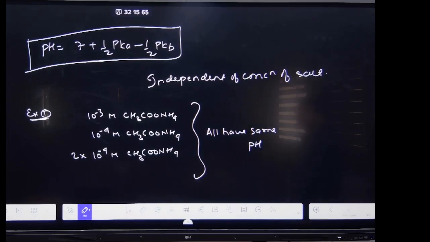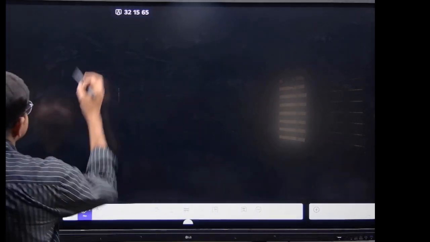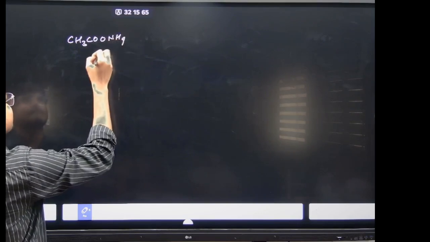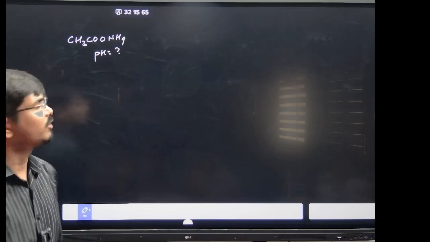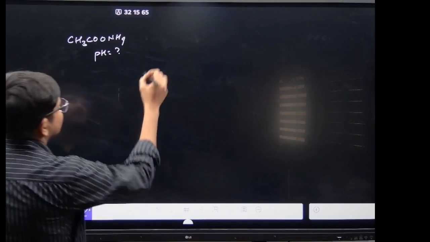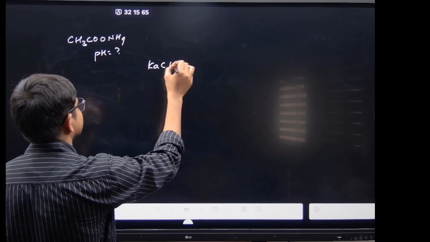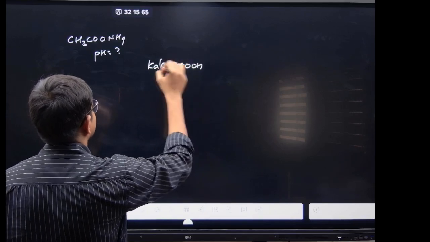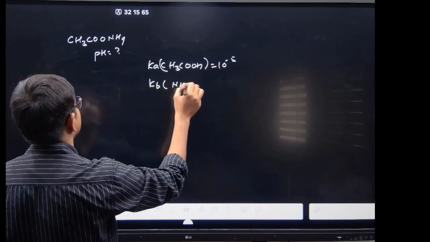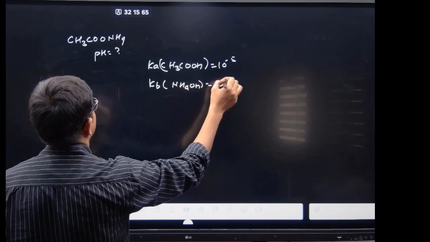Understood? One more question, see here. You have to find out the pH for the ammonium acetate, given that Ka for acetic acid is 10 to the power minus 5 and Kb for NH4OH is 10 to the power minus 5.